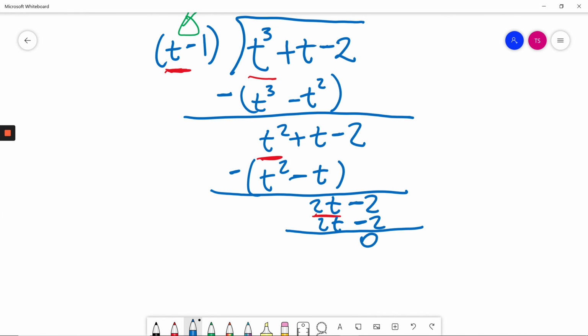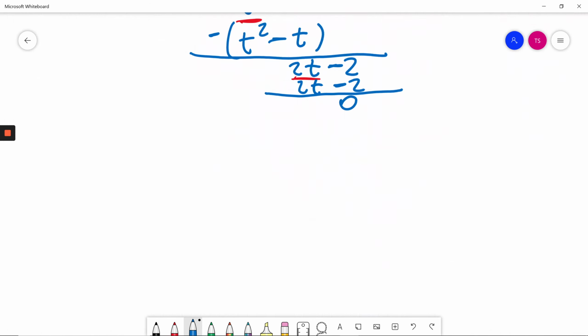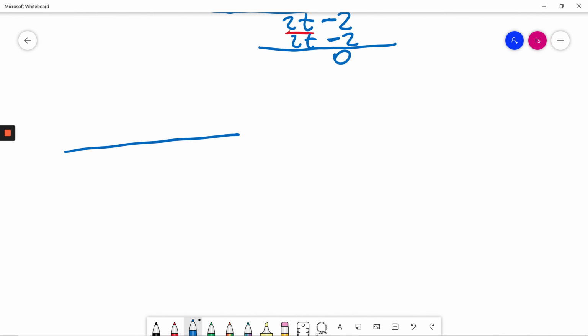So what I calculated, that t cubed plus t minus 2 divided by t minus 1, I don't need that bracket even, this is equal to t squared plus t plus 2.